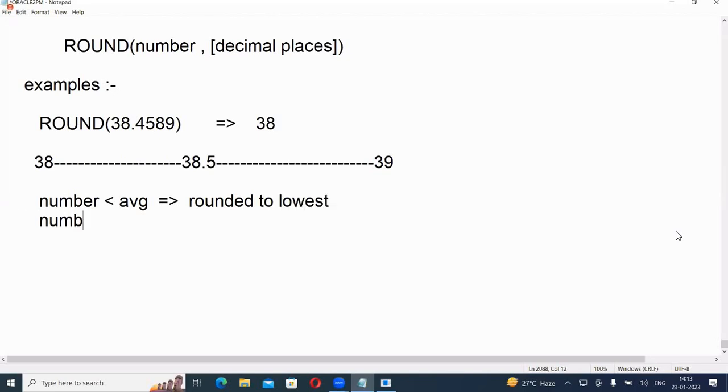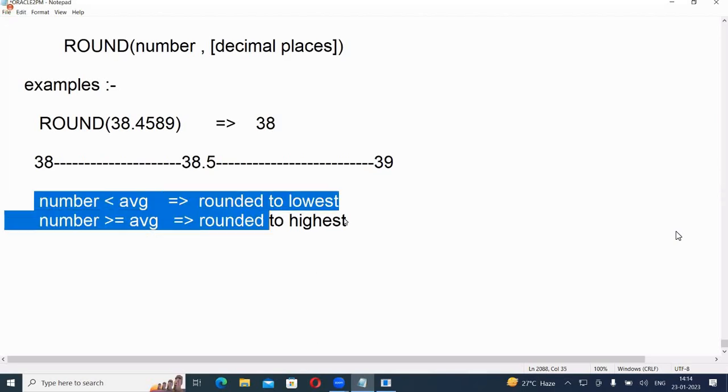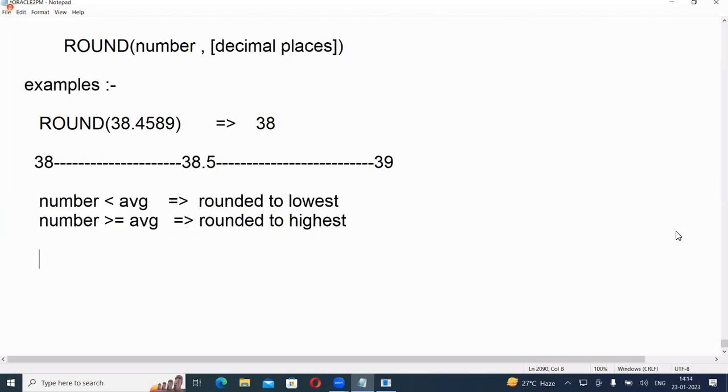If the number is greater than or equal to average, then it is rounded to highest.